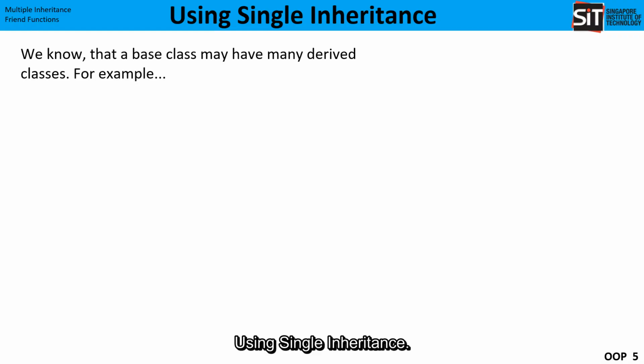Using single inheritance, we know that a base class may have many derived classes.